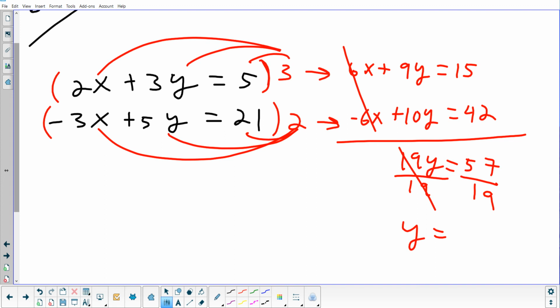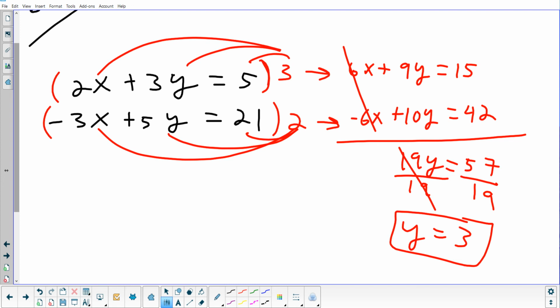What does that simplify to? Three. 3. Right? So 19 goes into 57 exactly 3 times.